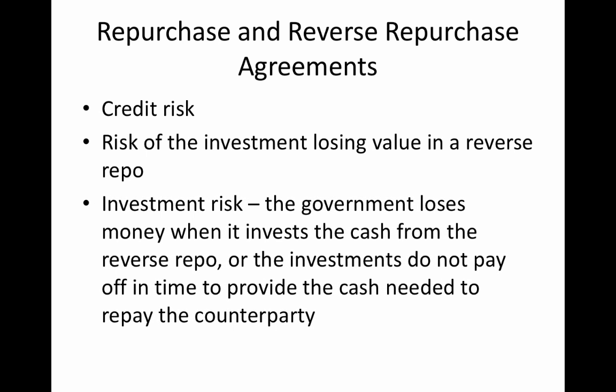And then probably the biggest risk is investment risk in a reverse repurchase agreement, in which the government invests the cash that it receives for selling the investment, and then that investment that it purchases with the cash doesn't pan out. And so the government doesn't have as much money as it needs in order to repurchase the investments that it sold, or it doesn't pay off in time for it to have the cash. So it's going to have to dip into its pocket in order to conclude the reverse repurchase agreement transaction.